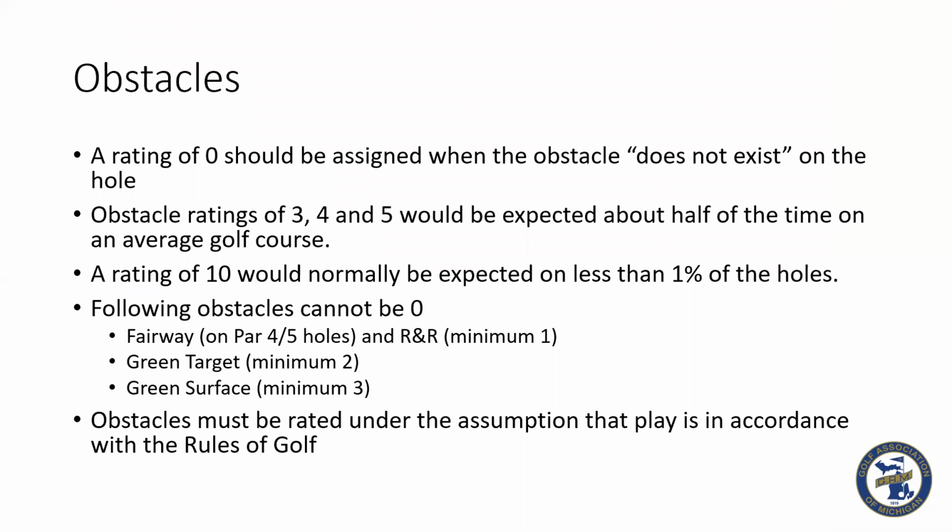All right. In terms of obstacles, we should have a rating of 0 when the obstacle doesn't exist. We talked about that. Obstacle ratings of 3, 4, and 5 would be expected about half the time on an average golf course. A rating of 10 would normally be expected on less than 1% of the holes.